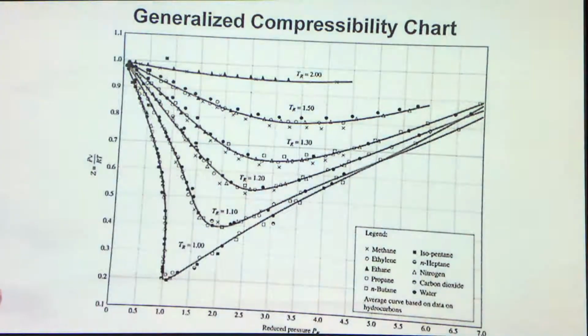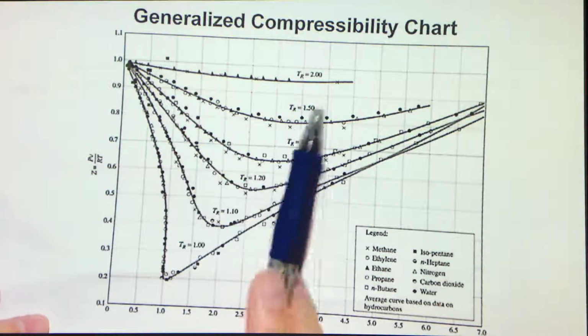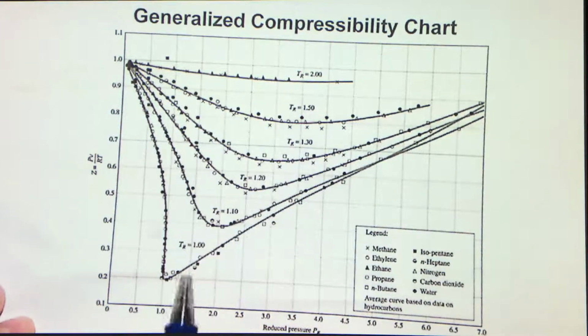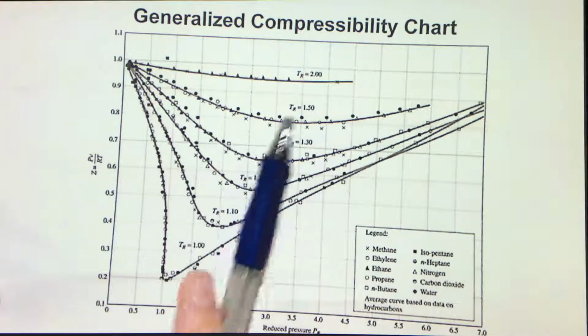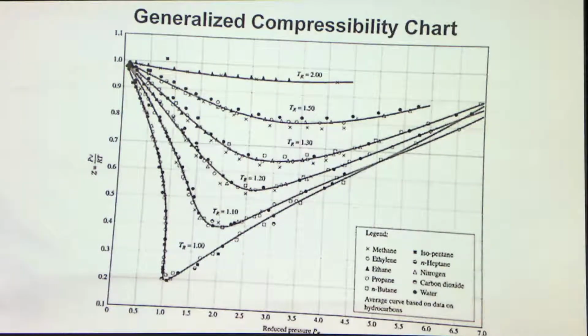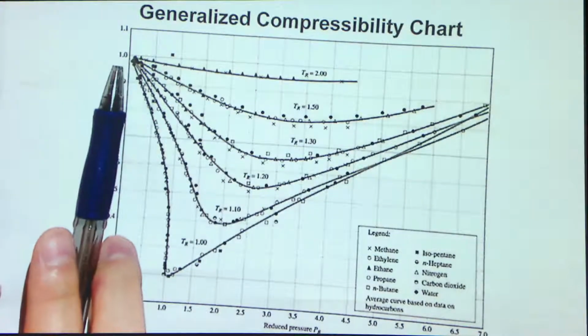If you increase the temperature, for example TR of 1, 1.1, 1.2, etc., until we go to 2, you will see that the graph gradually gets much closer to the value of 1. That's our observation. At a higher temperature, the gas will be closer to 1, which represents ideal gas behavior.